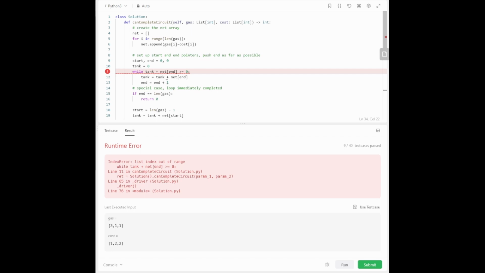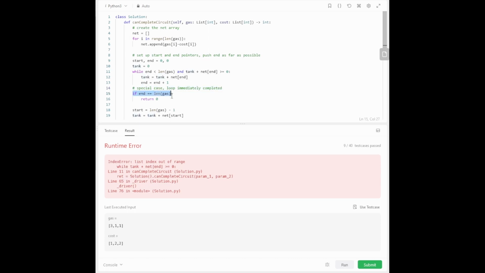We push end forward. Oh, right. While end is less than the length of gas. And so we said over here there's a special case where the loop is immediately completed, right? Where the first position is a valid start. So we push end until the end.